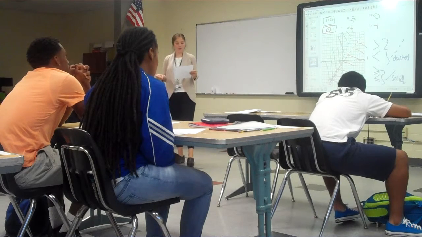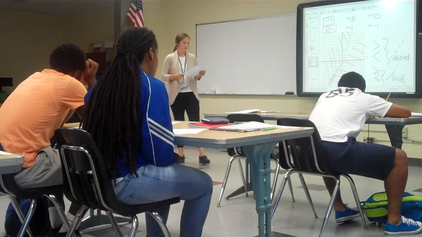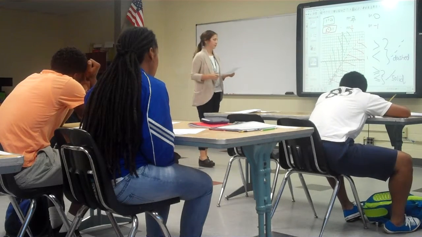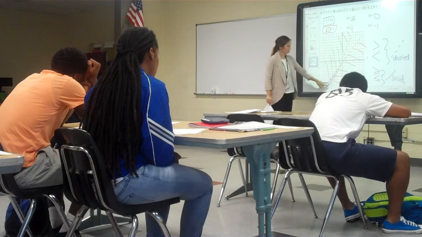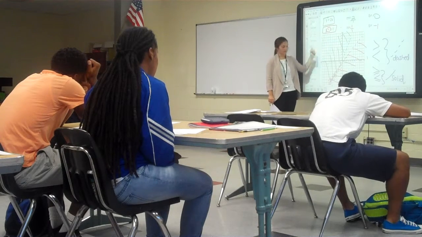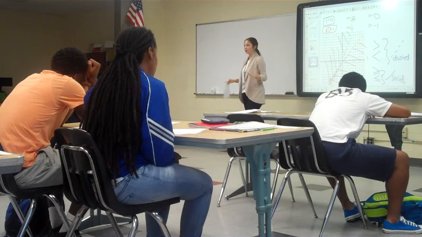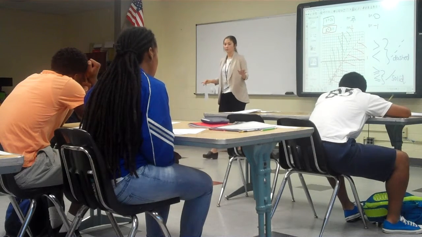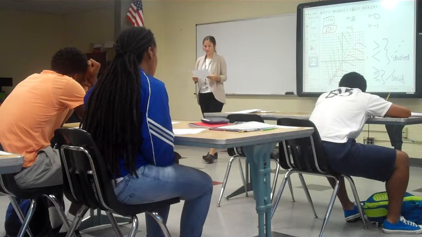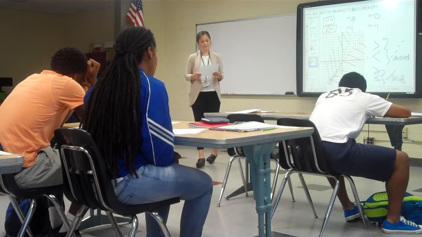Then graph each inequality using the appropriate shading and line, and then find the solution to the system. Remember, this is the solution to the system of inequalities, where both shades meet. If no shades meet, there's no solution, which you'll see one problem of.